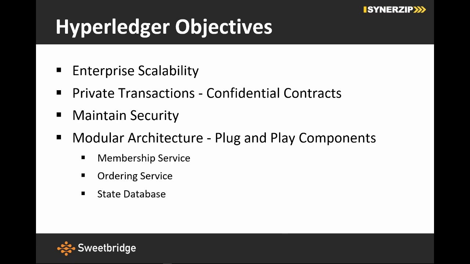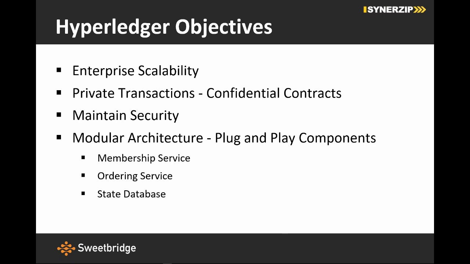As you look at Hyperledger, some of the problems it is trying to address, first of all, is enterprise scalability. Glenn talked a little bit about the public blockchains and the consensus algorithms, primarily the proof of work consensus. Those consensus algorithms are built purposely to take time and processing power.